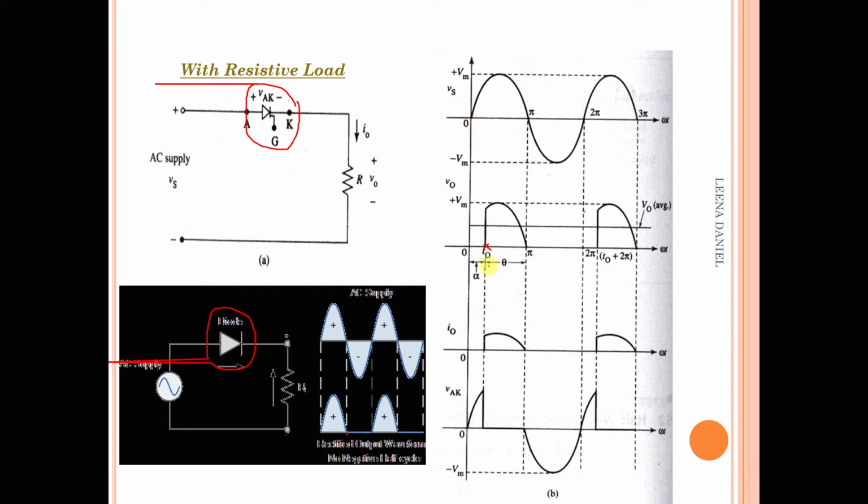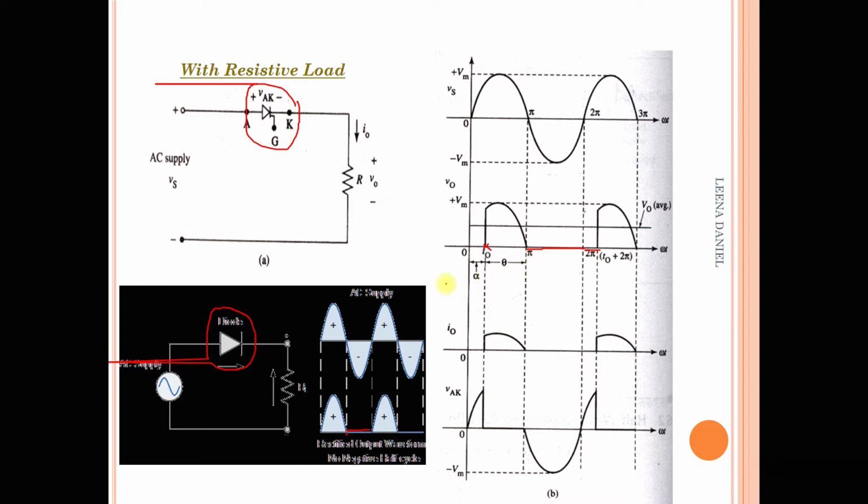So from alpha to pi conduction would be there, and again in the negative half wave you will not get any output. In uncontrolled also we will not get any output in the negative half, but in the positive wave we get the output. This is the simple circuit for resistive load.